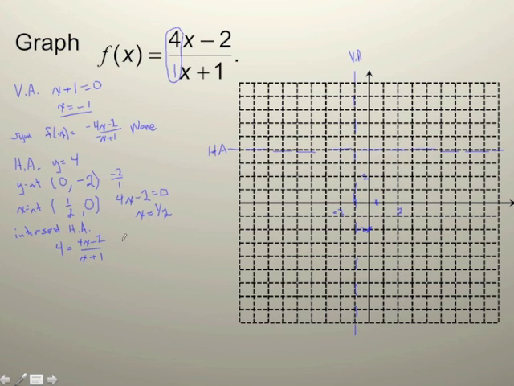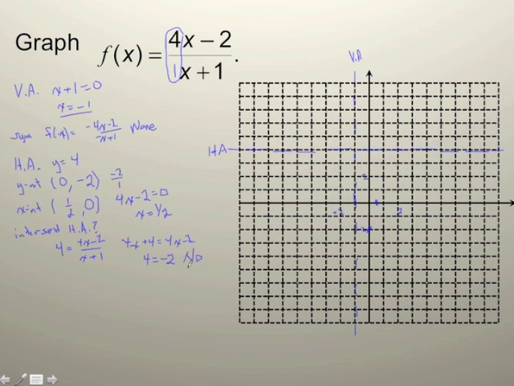When I cross multiply, I'll have 4x plus 4 equals 4x minus 2. When I subtract 4x from each side, I'll have 4 equals negative 2. Well, the answer to that is no. So the answer, does it intersect the horizontal asymptote, is no.